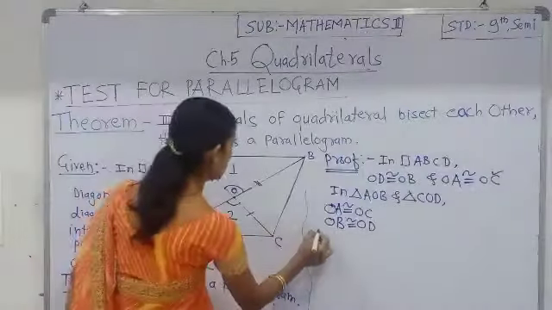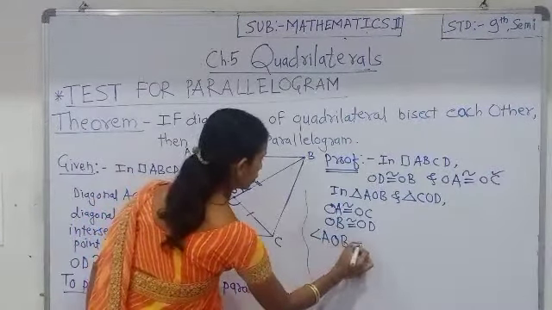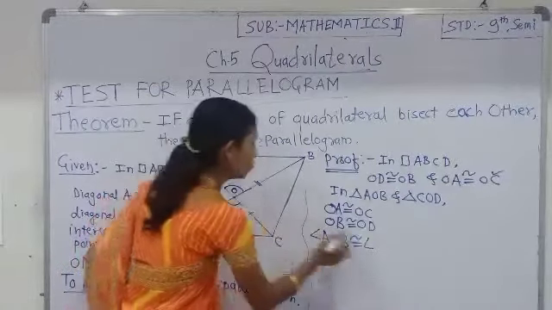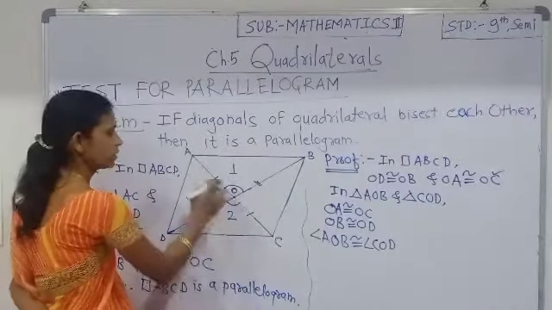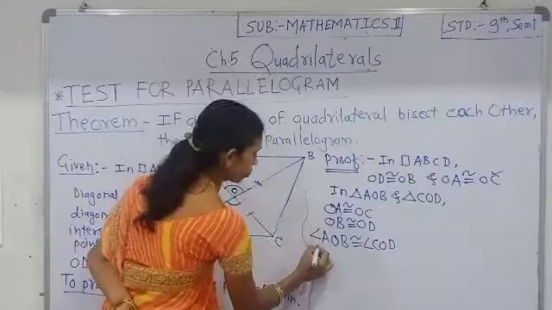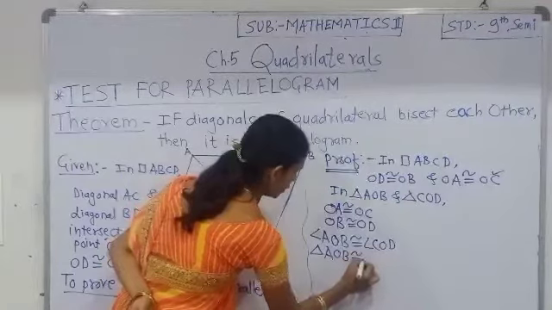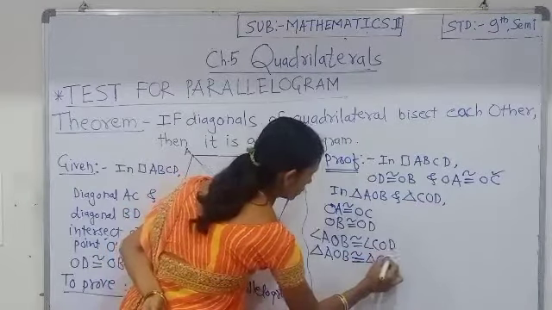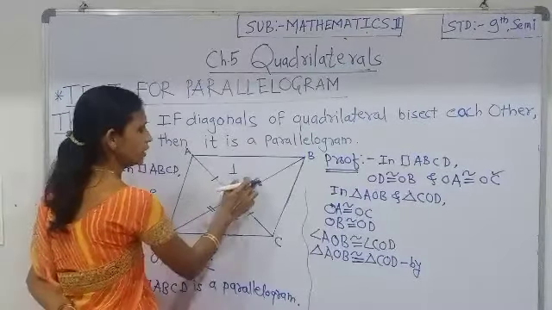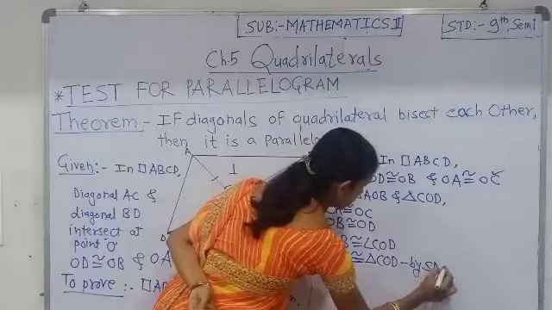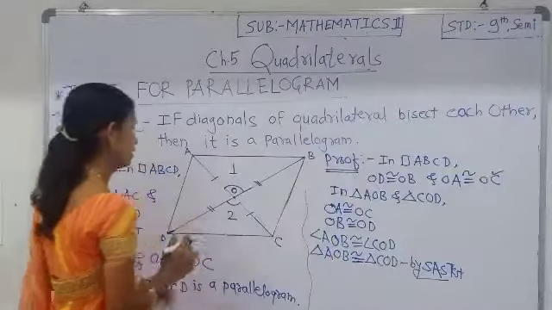So angle AOB is congruent to angle COD. Therefore triangle AOB is congruent to triangle COD by the SAS test.